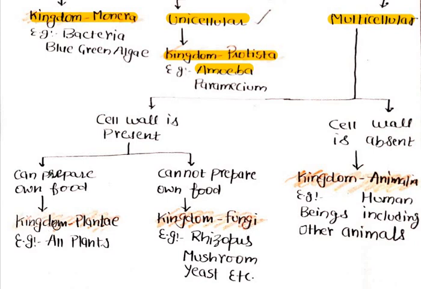Maybe later on I will discuss this in more detail. If we talk about the cell wall, the cell wall of the plants is made up of cellulose, whereas in case of fungi the cell wall is made up of a complex sugar which we call chitin. You will understand better about cellulose and chitin in chapter 9, that is the biomolecules.